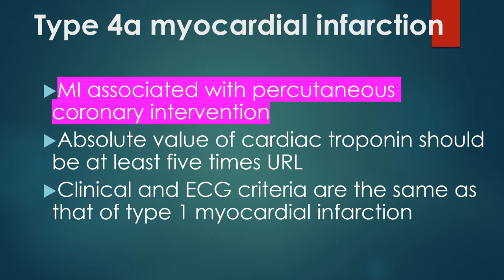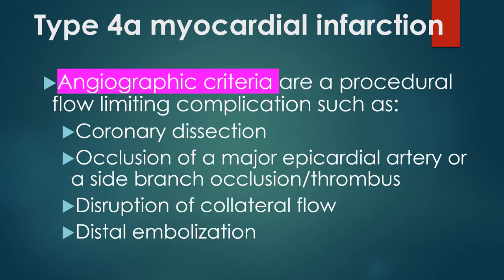Clinical and ECG criteria are the same as that of type 1 myocardial infarction. Angiographic criteria are a procedural flow-limiting complication such as coronary dissection, occlusion of a major epicardial artery or a side branch occlusion or thrombus, or disruption of collateral flow or distal embolization.